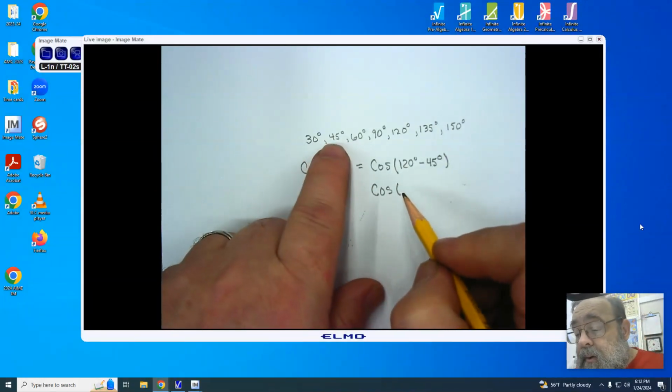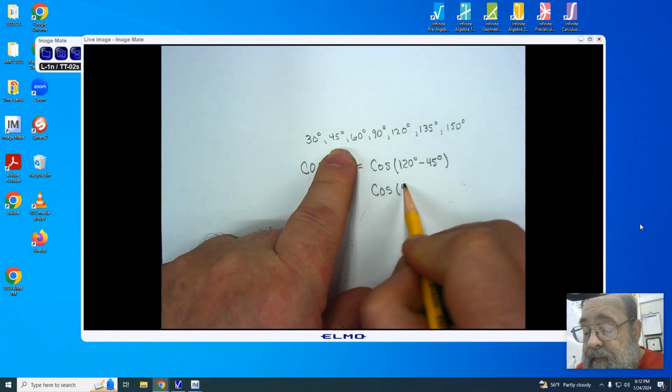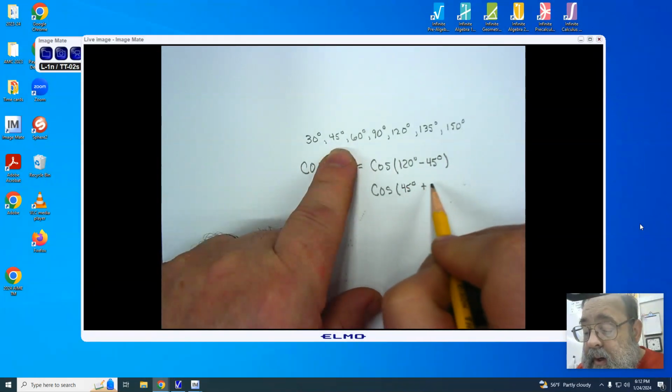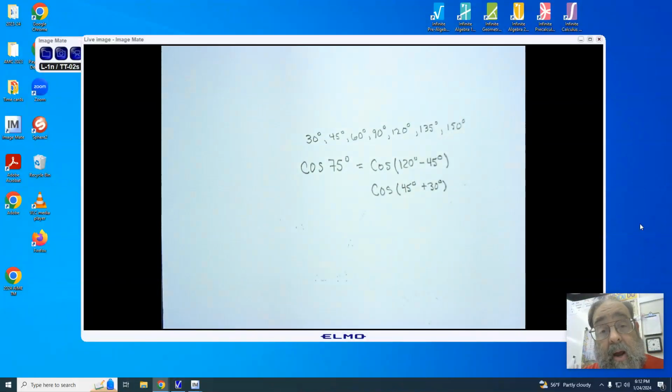Notice that I can use 30 plus 45, and a 45 plus 30 degrees will also yield 75. Now, regardless of which we use, we will get the same answer. They may not look alike, but numerically, if we plug them into the calculator, they will come out the same.